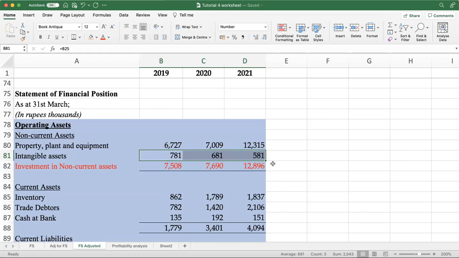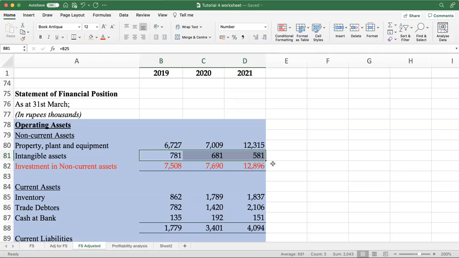Intangible assets are your company's patents, externally acquired brands, trademarks, and research and development costs. So they are subject to impairment. Now you see the intangible asset value declining over time.